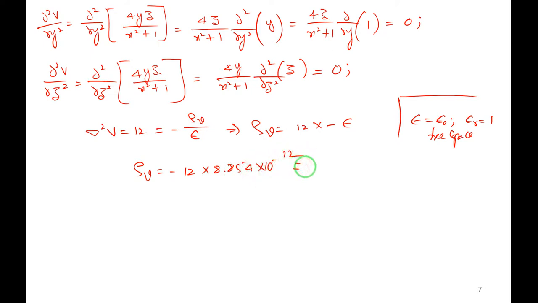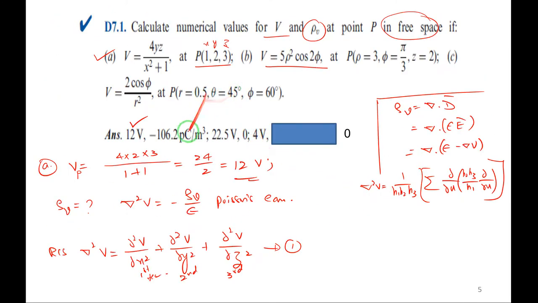So 12 into 8.854 gives 106.248 into 10 power minus 12 coulomb per meter cube, keeping the minus sign. That is charge per unit volume, minus 106 pico coulomb per meter cube, where pico means 10 power minus 12.